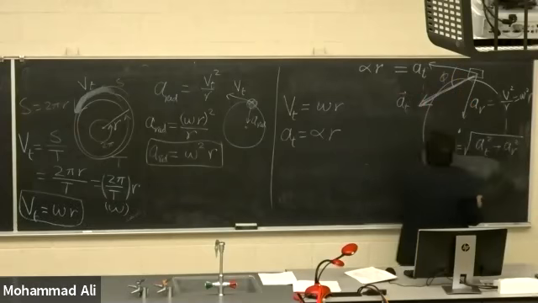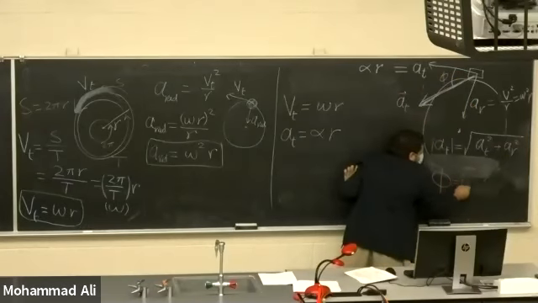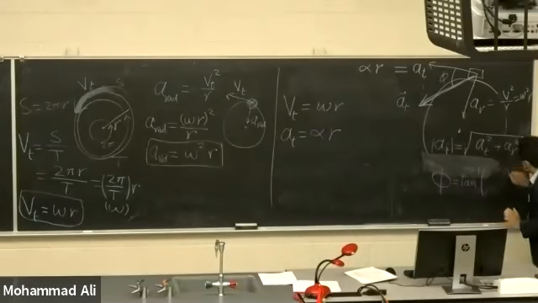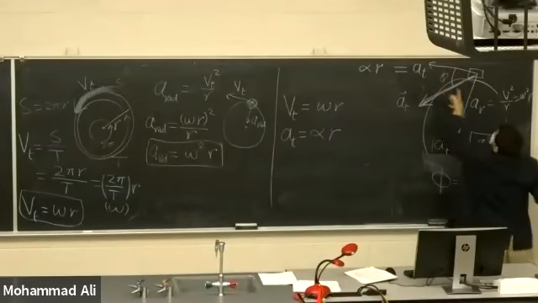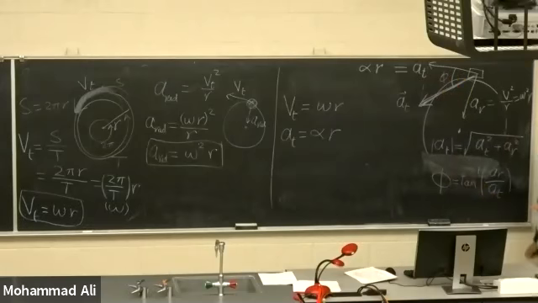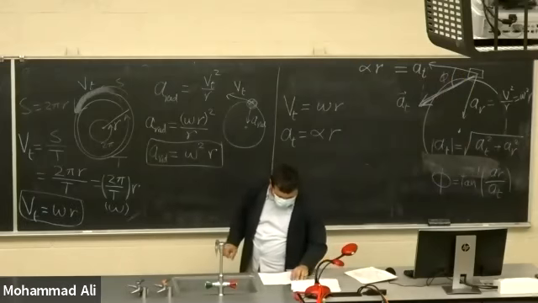Also, we found phi from before, which is the tan inverse of the opposite, which is AR, over the adjacent, which is AT. We did this before, and we already solved examples of it.